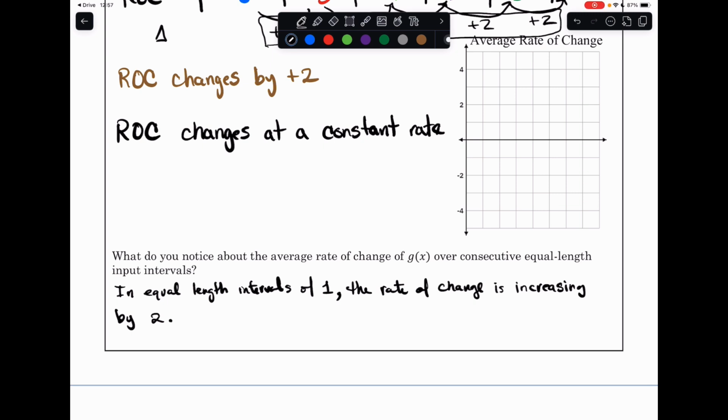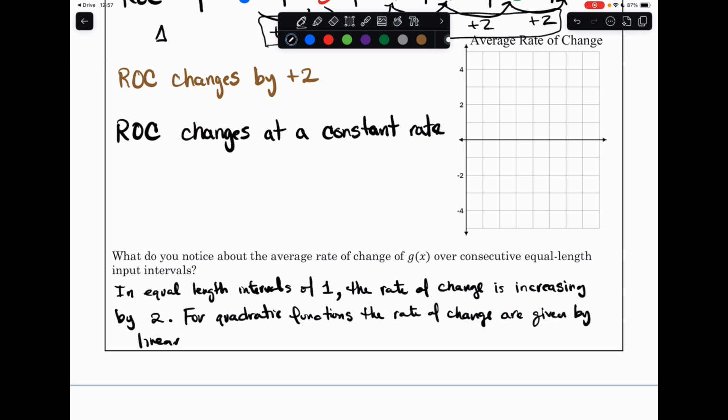What this means is that for quadratic functions, the rate of change is given by linear functions over consecutive intervals.